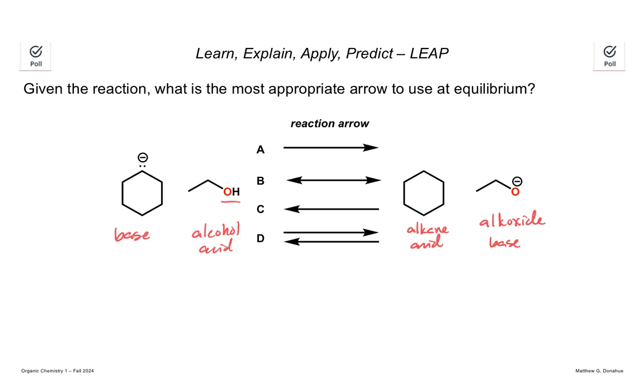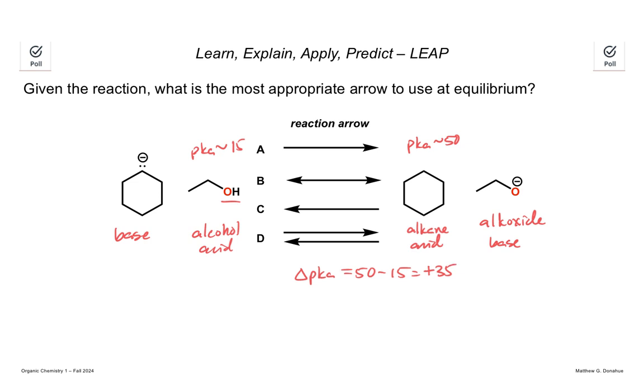So we'll say the alcohol pKa was about 15. The alkane pKa was about 50. If we subtract those two, that gets us a difference of 35.